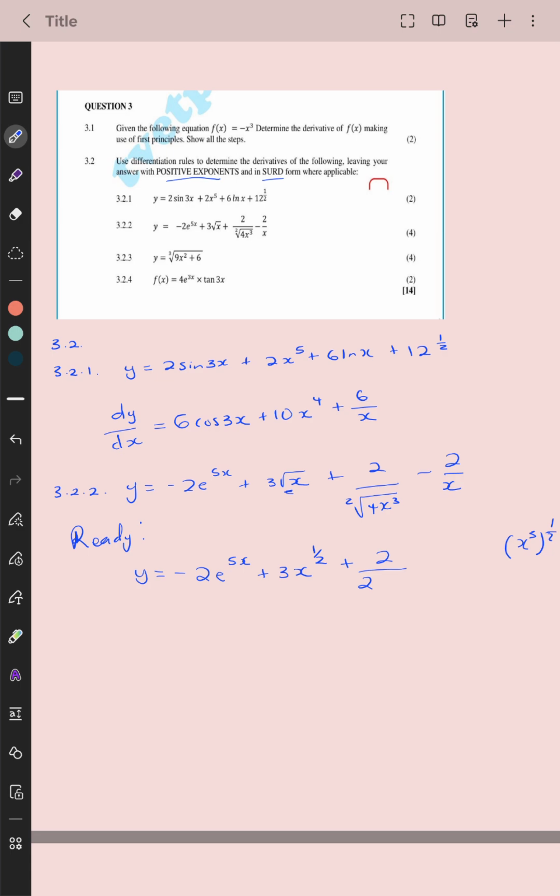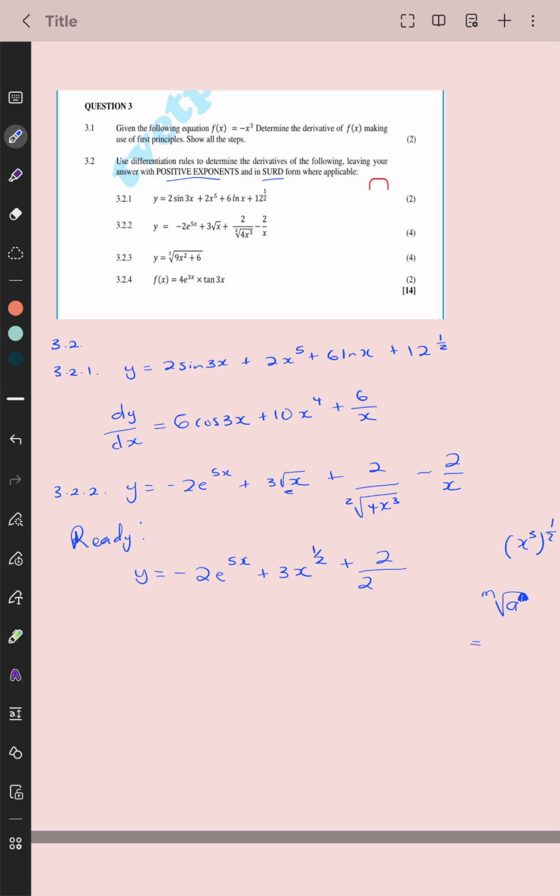It would look like this, but otherwise you know that you're going to say 3 over 2. What's that exponent rule? This is n. What did the rule say?